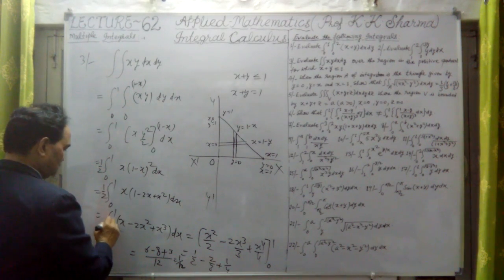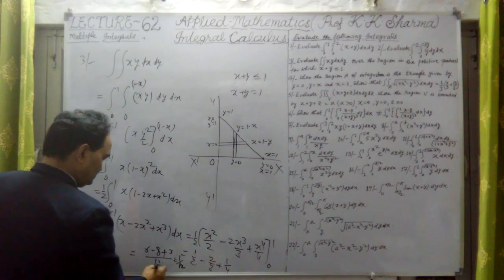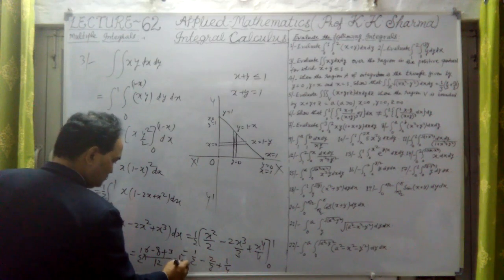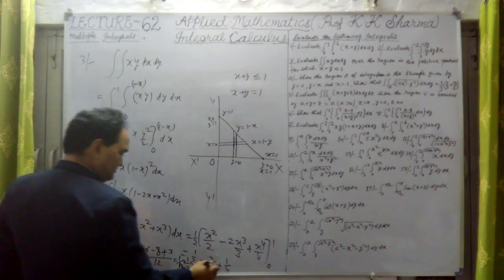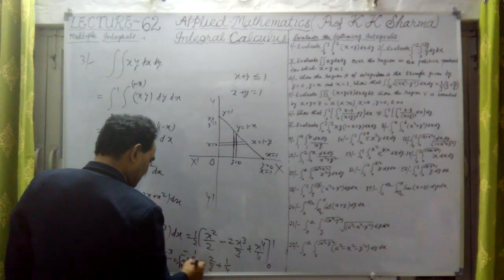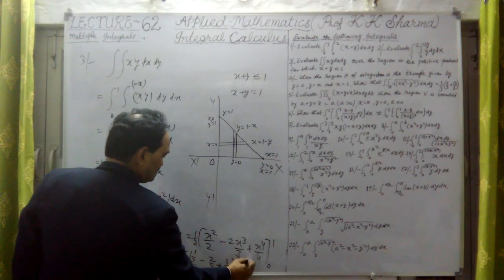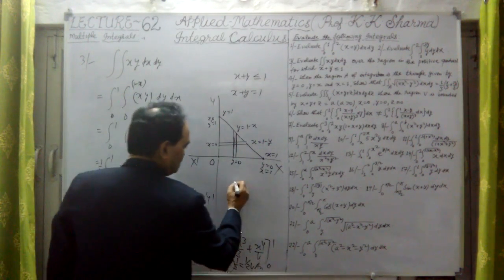So this is 1 by 2 multiplied into 1 by 12. So this is giving us 1 by 24. Now the answer is 1 by 24.